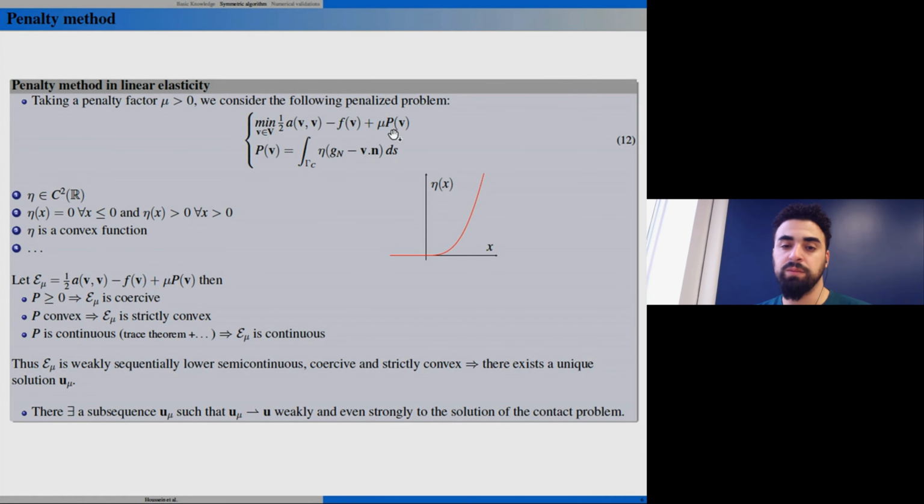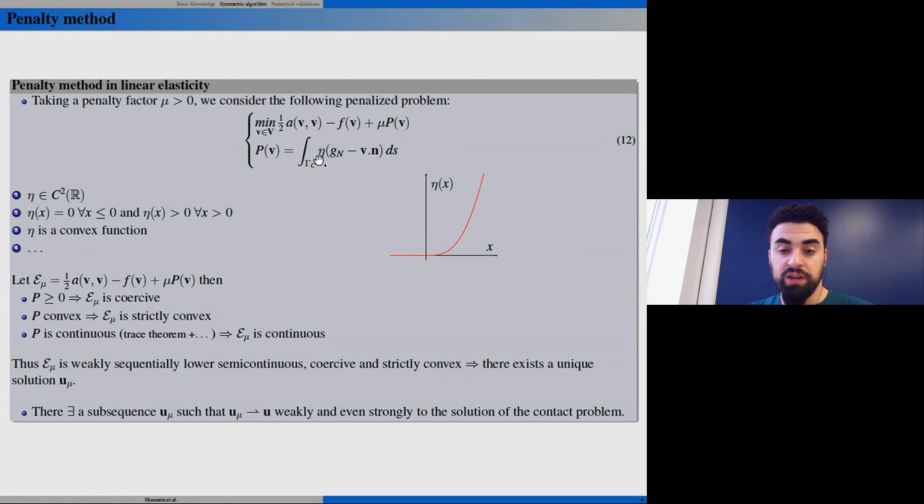And the minimization problem will avoid the solution when this quantity mu multiplied by P is very big.